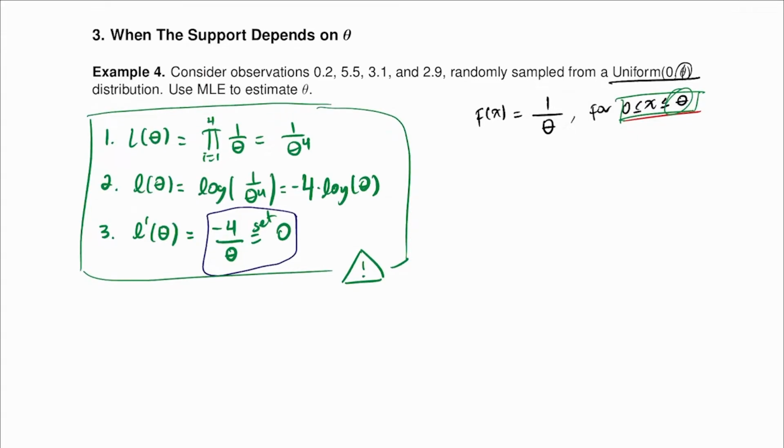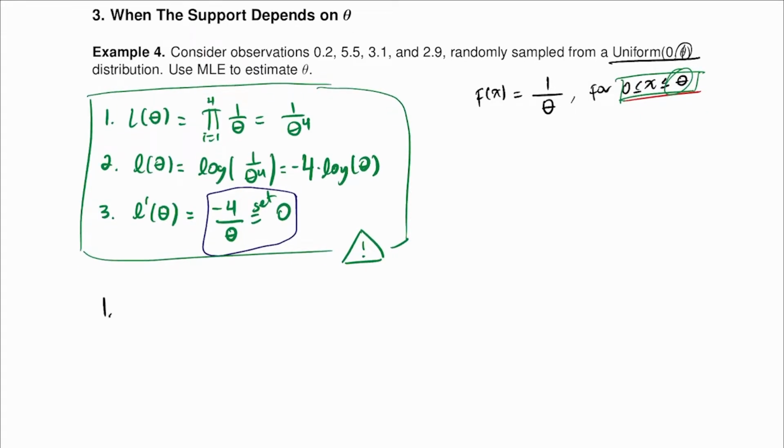So what we have to do here is first calculate the likelihood function, that is the product from i equal to 1 until 4 of 1 over theta, but for our data between 0 and theta, right?